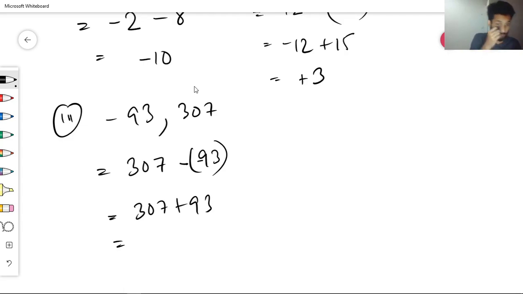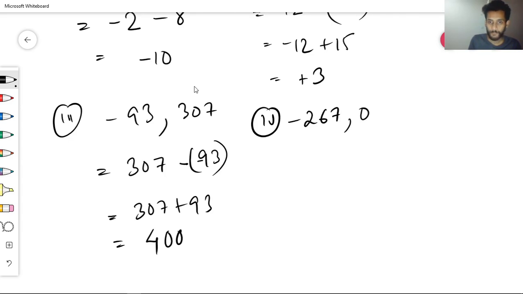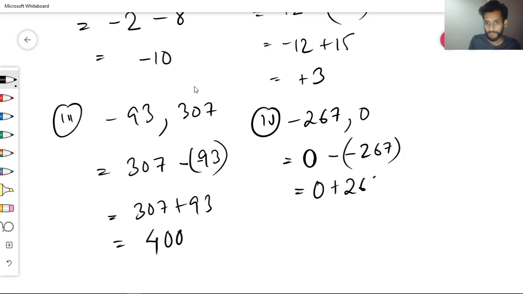So the result will be 400. Okay, now the fourth one, minus 267 and 0. So we have to write 0 first, then minus 267. After that 0 plus 267, it will be 267.